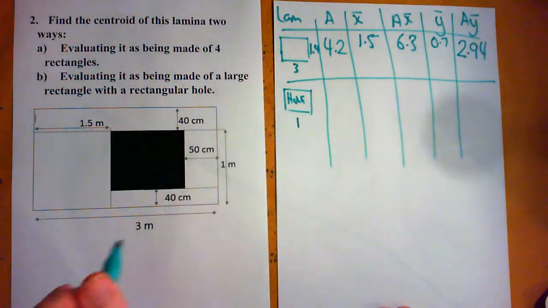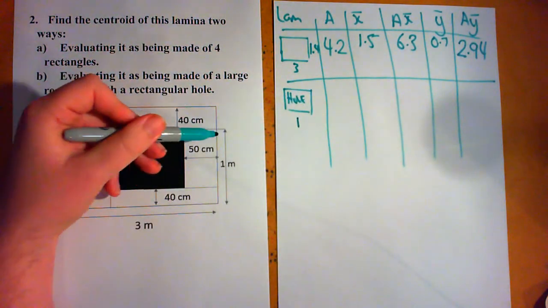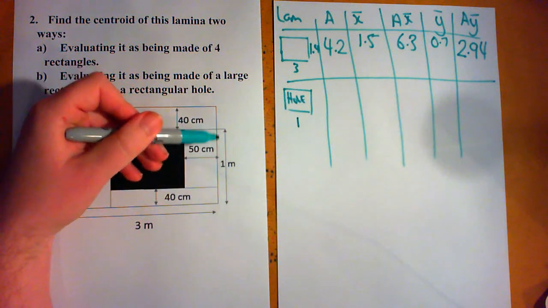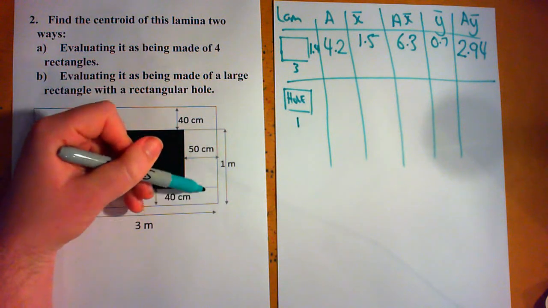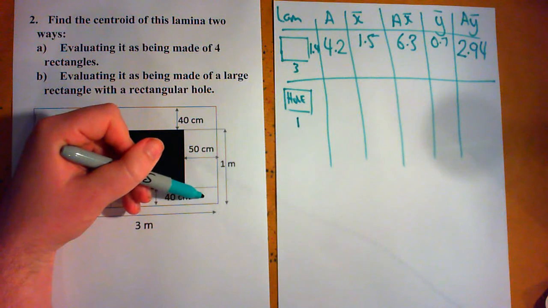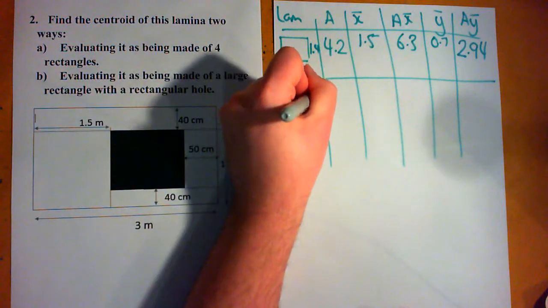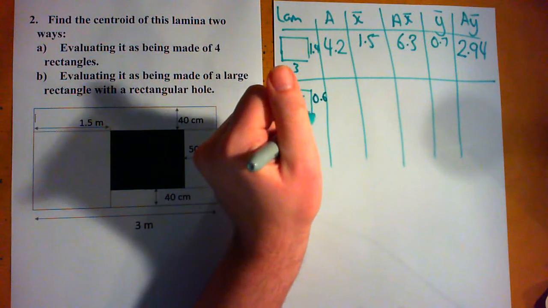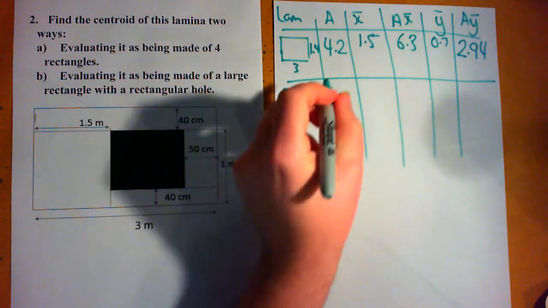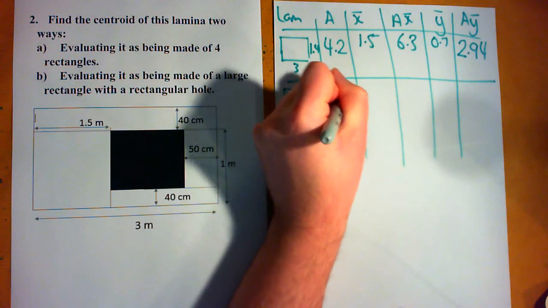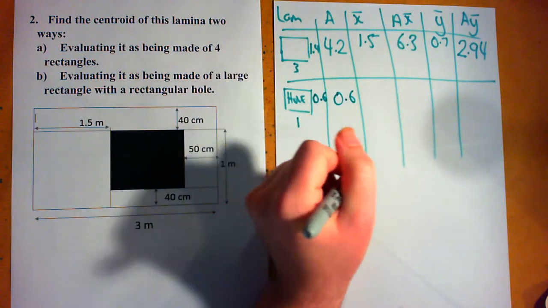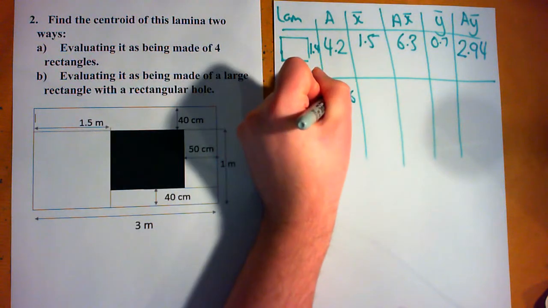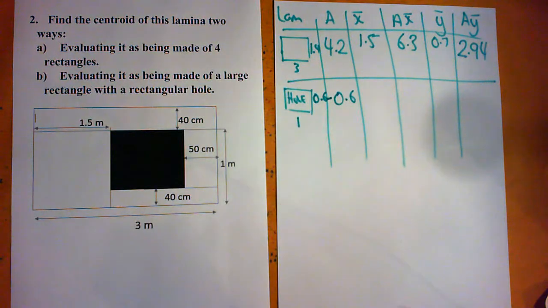So the hole is 1 metre wide, and its height is 1 metre minus 40 centimetres, so minus 0.4 of a metre, which gives you a height of 0.6. Area of the hole is therefore 1 times 0.6, which is 0.6, and as it's a hole with removed mass, that's going to be a negative.